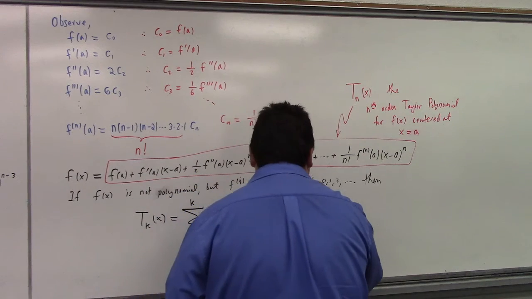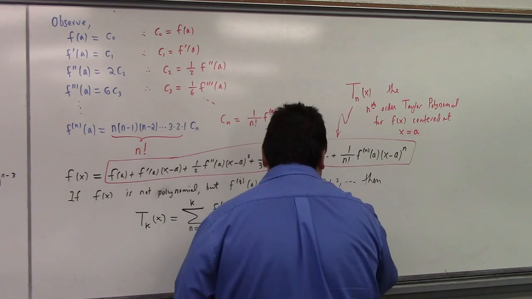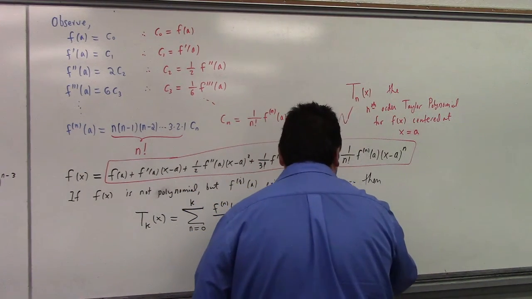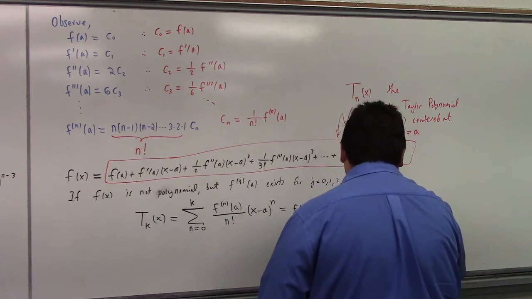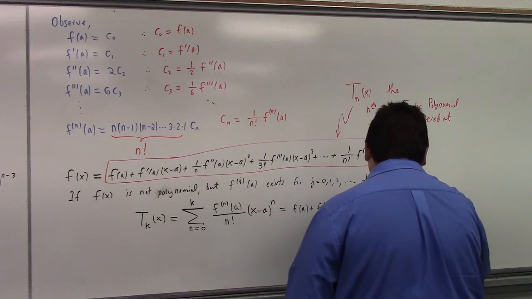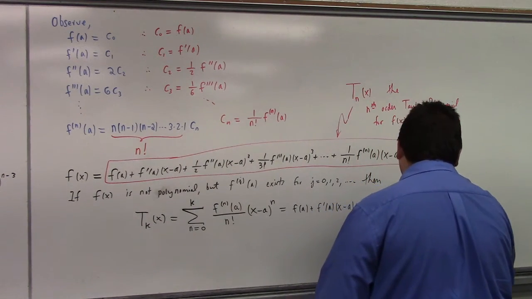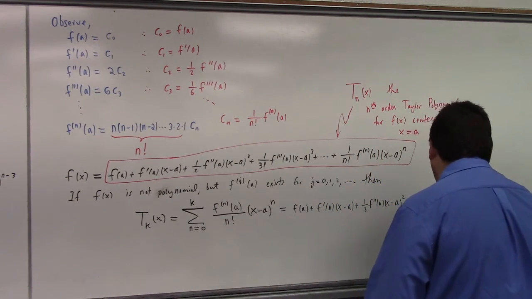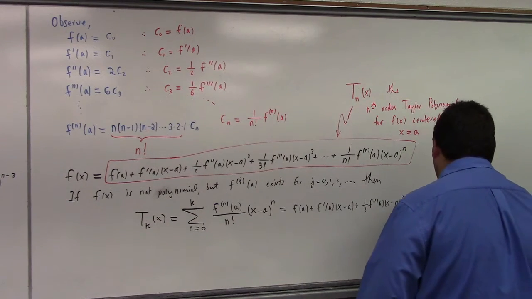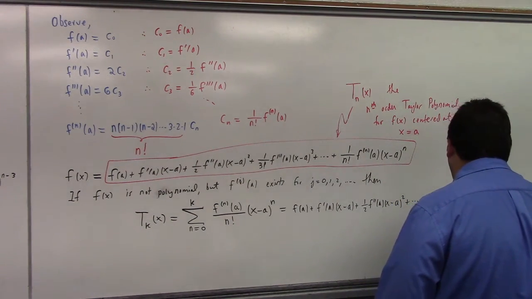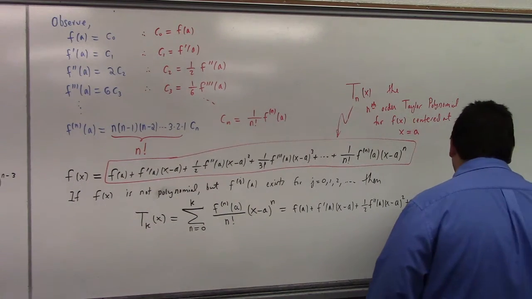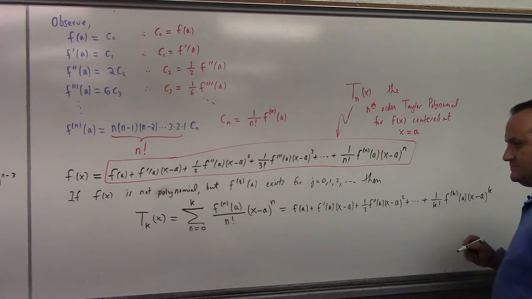But that, of course, is equal to f of a plus f prime of a times x minus a plus 1/2 f prime prime of a times x minus a squared, all the way out to 1 over k factorial, the kth derivative at a times x minus a to the power k.